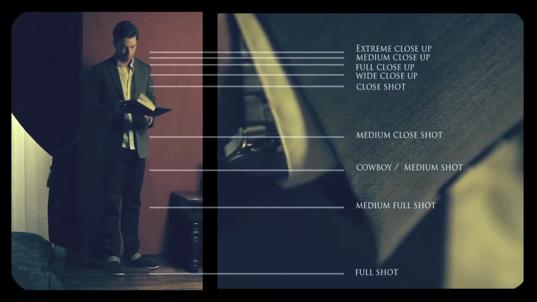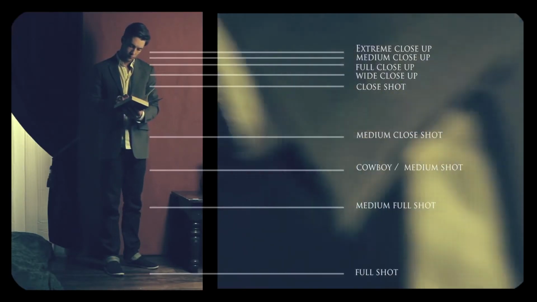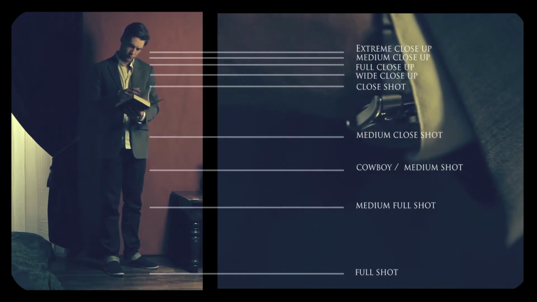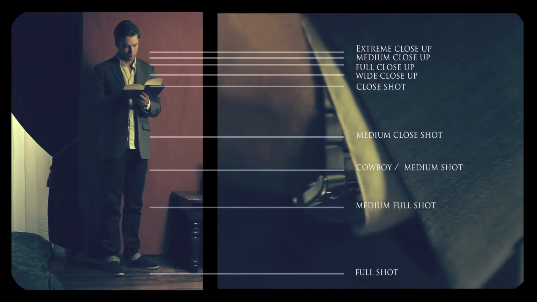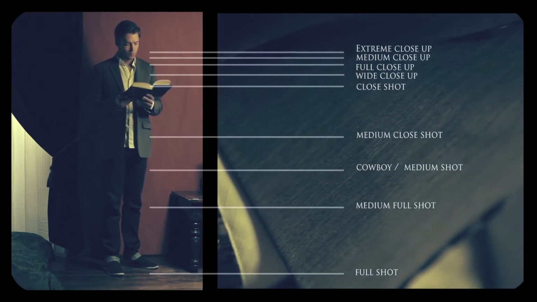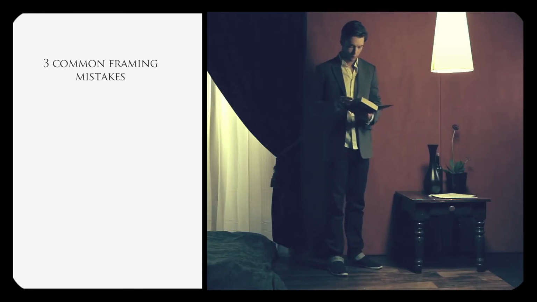Welcome to the Lights Film School video tutorial on framing heights. In this video, we'll discuss the importance of properly cropping your subject within a frame. Three common mistakes filmmakers often make when framing a subject are: 1.